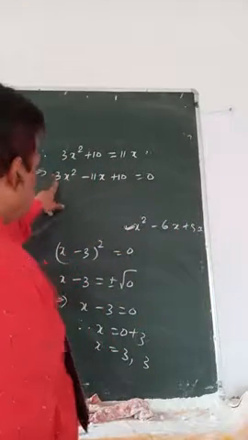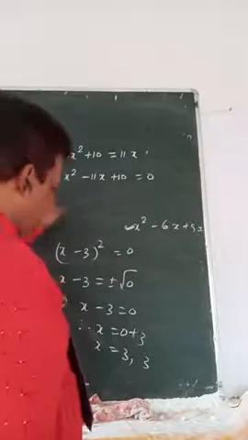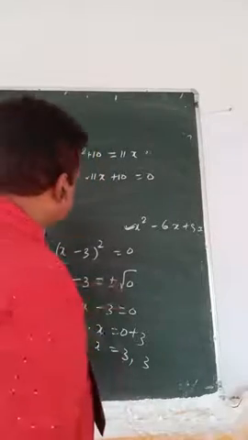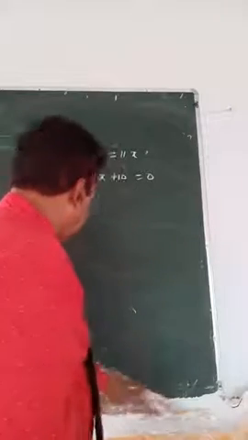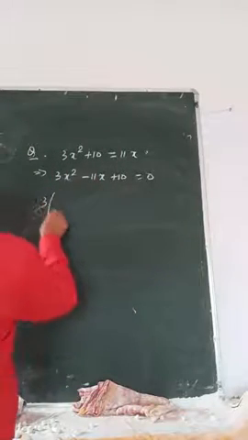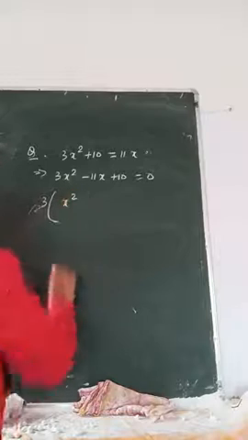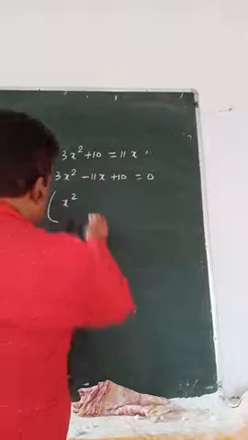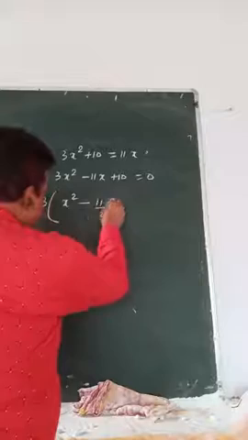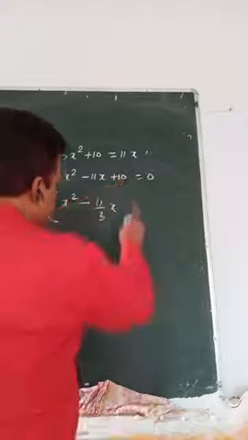But here it is 3, so I have to remove the 3. That means you have to take 3 common. If you take 3 common, what will you get? This will be x square. But there is no 3 here, so you have to divide here, and there is no 3 here, so you have to divide again here.